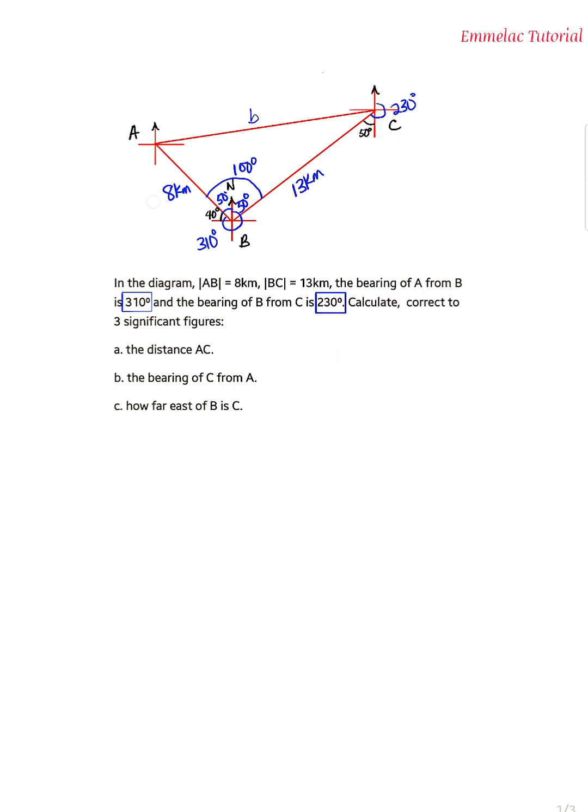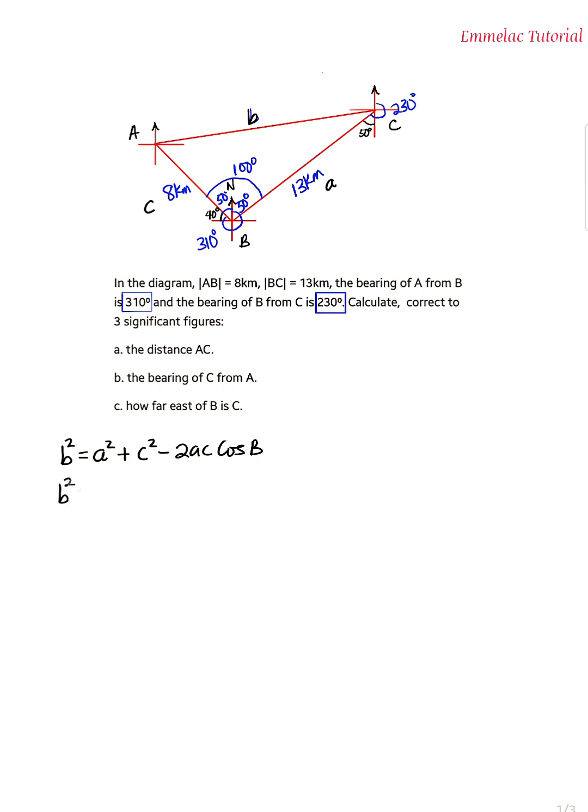If we represent here as small c, here as small a, while here is our small b, then b squared equals a squared plus c squared minus 2ac cos b. Let us now plug in the values.